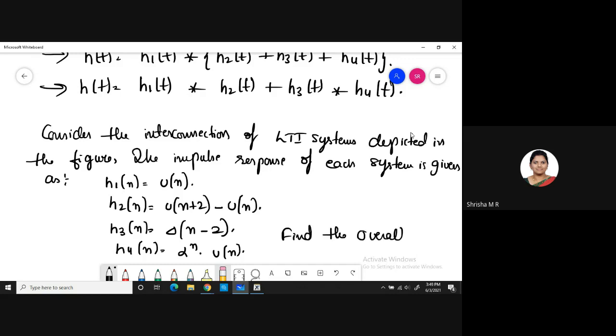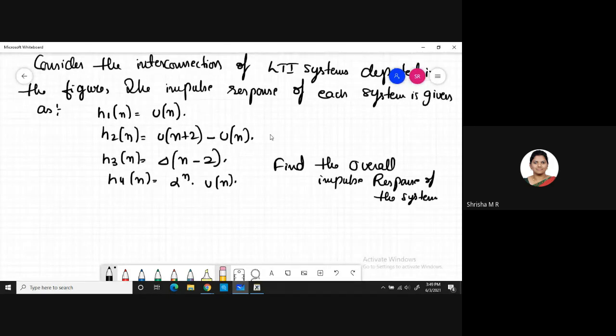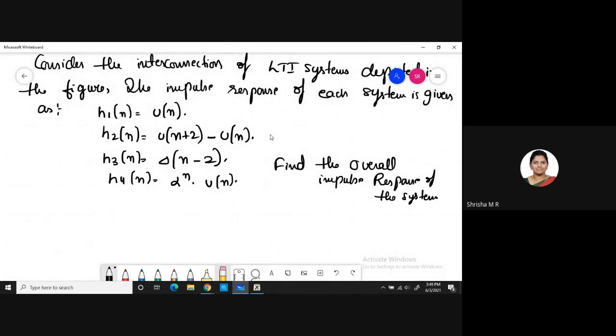Find the overall impulse response of the system. They'll give you the diagram also. I'll write the diagram. You have x of n and you have two branches.